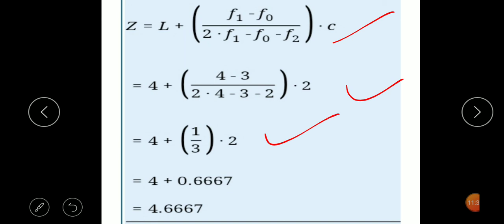Very simple calculation. By subtraction we get 4 plus, in the bracket 1 upon 3, multiplied by 2. It's simple, 2 upon 3, 0.666 up to infinite. So 0.67 has been written. Now when it is added to 4, then the value 4.667 we get as the mode.